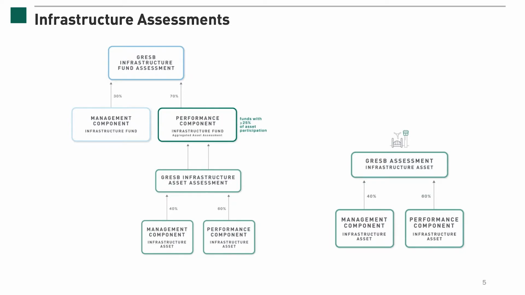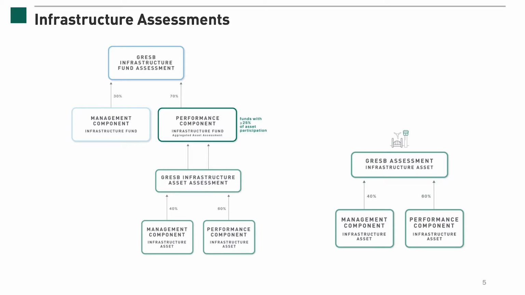The fund assessment is intended for infrastructure funds and portfolios of assets, while the asset assessment is completed by individual assets. In many cases, these assets will be owned by and form part of an infrastructure fund, but in some cases the assets stand alone. For example, when they are owned directly by an investor or when the asset is a listed infrastructure company.